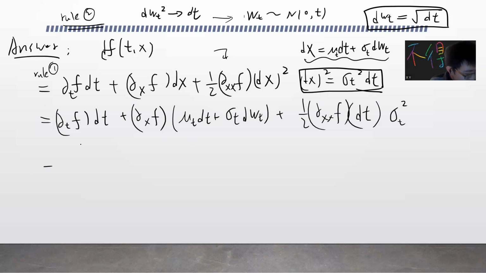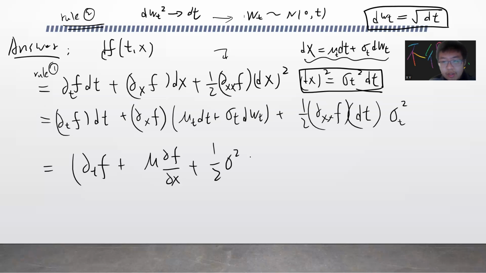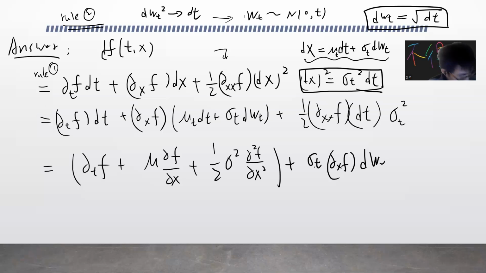Okay, so combine everything, you get df equals (mu partial f partial x plus half of sigma squared partial squared f partial x squared) dt, plus sigma_t partial f partial x dW_t.